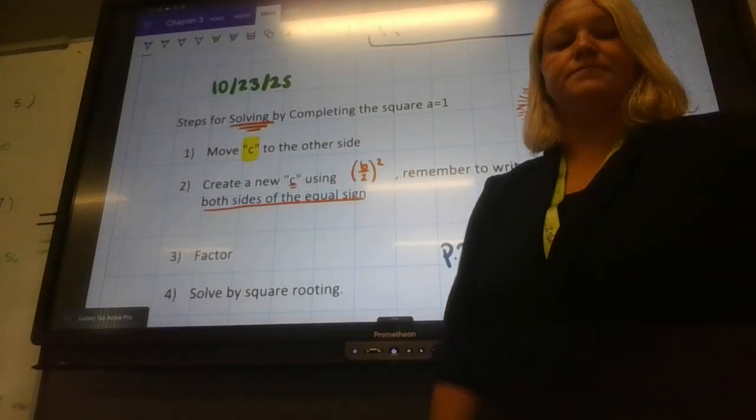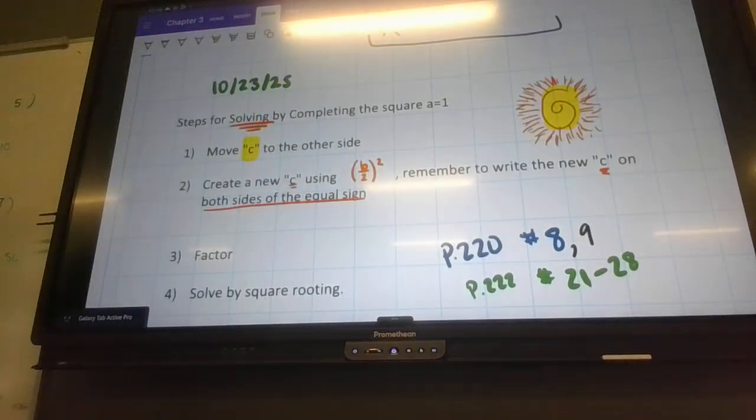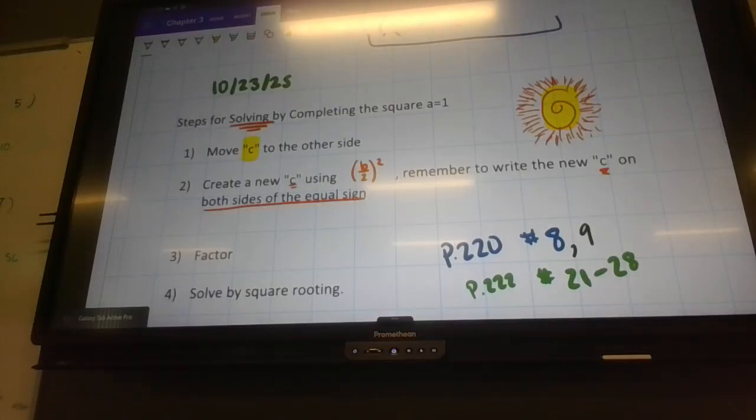Go ahead and try number 9. Just put the space in on both sides and do the b over 2 squared.